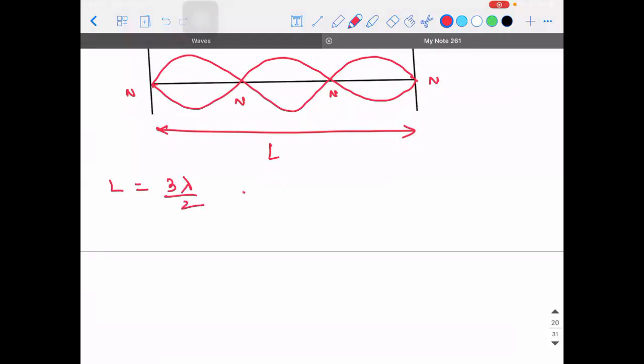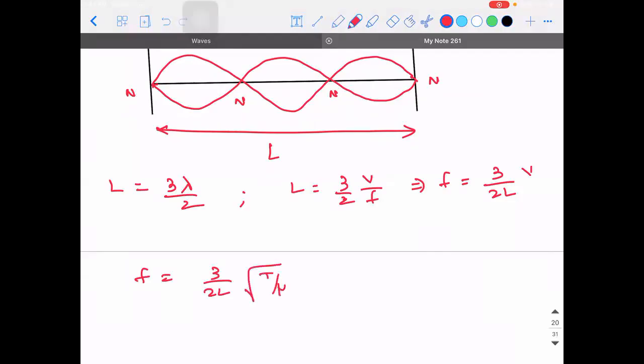Very good. 3 times lambda by 2. So L will be equal to 3 by 2 into, in place of lambda, you will have V by F, which implies F is equal to 3 by 2L into V. So F will be equal to 3 by 2L into root of T by mu, because V is root of T by mu, where T is the tension and mu is the mass per unit length.